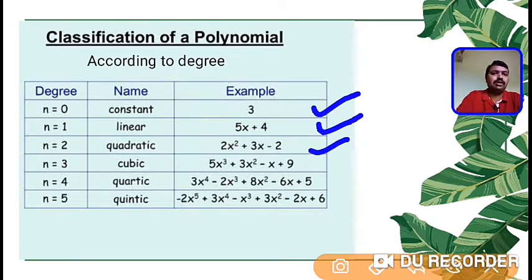Here if we have 2x squared plus 3x minus 2, the degree is 2, therefore it is a quadratic polynomial. If the degree is 3, it is called a cubic polynomial. If the degree is 4, the polynomial is called a quartic polynomial, and if the degree is 5, the polynomial is called a quintic polynomial.